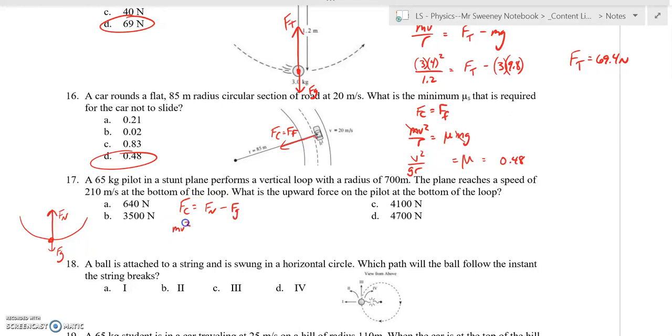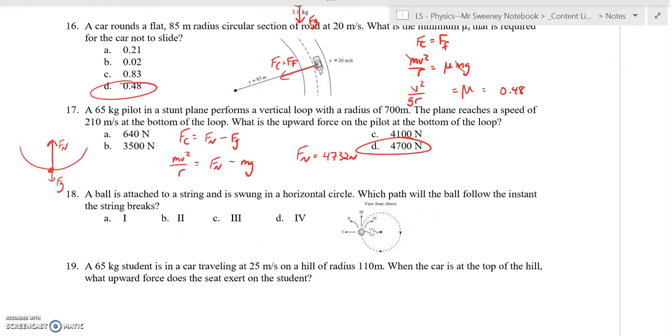So mv squared over r equals the normal force, which we're looking for, minus mg. Plug in the mass, the velocity squared, the radius, and 9.8, and you get a normal force of 4,732 newtons, which, in significant figures, is 4,700.